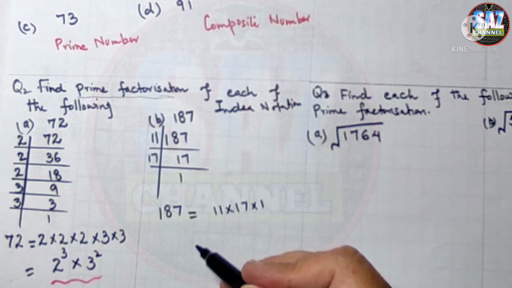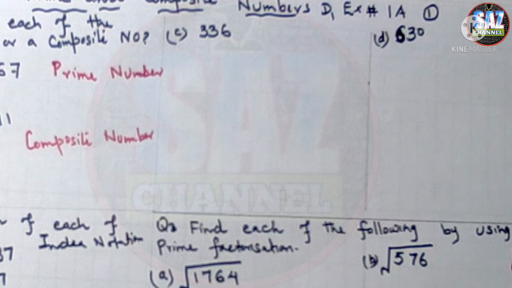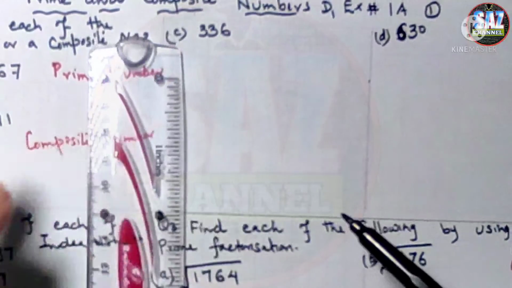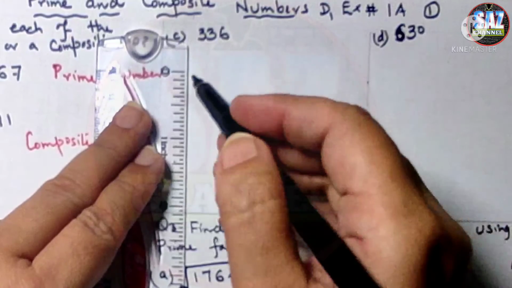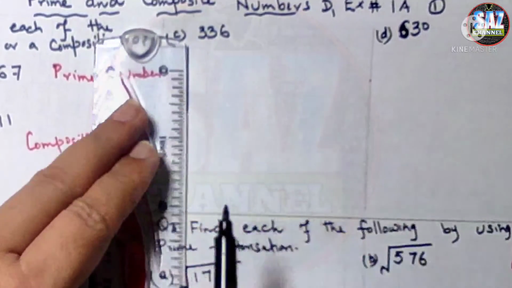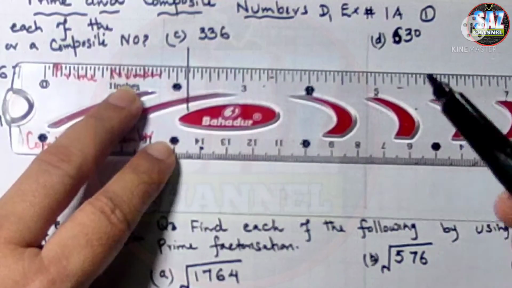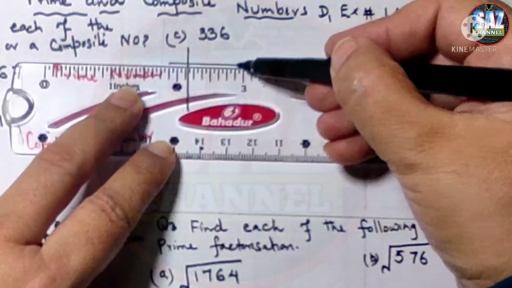Moving to the third part, which is 336. Okay, 336. So for that purpose, what we are going to do is that first of all, start making your mind which smallest prime number is suitable for the given number.